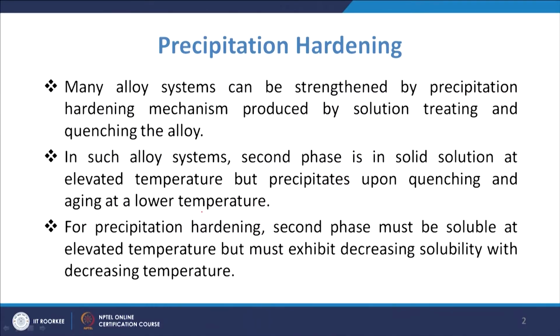Many alloy systems can be strengthened by the precipitation hardening mechanism, produced by solution treating and quenching the alloy. What we do first is solutionize, and then we quench the alloy. After quenching, we age at a lower temperature. In such alloy systems, the second phase is in solid solution at elevated temperature.